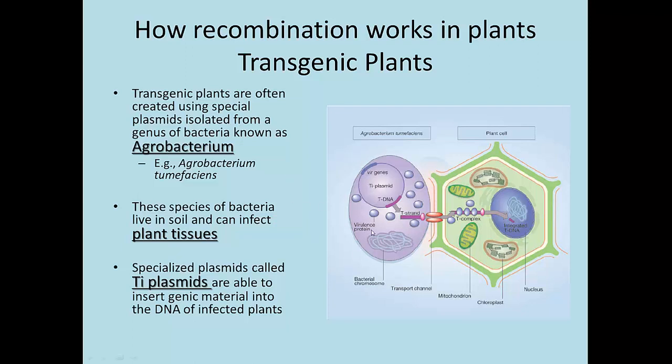A damaged plant cell is susceptible to this type of infection. And what the bacteria does is a very amazing thing. It inserts this plasmid into the plant cell, and the plasmid is naturally taken up into the DNA of the plant cell itself. So the genome of the plant cell takes up the plasmid DNA.